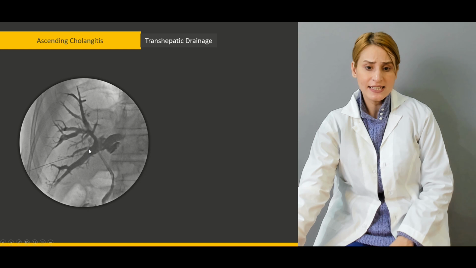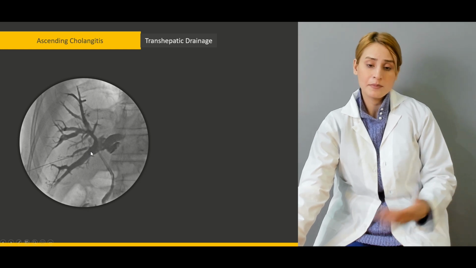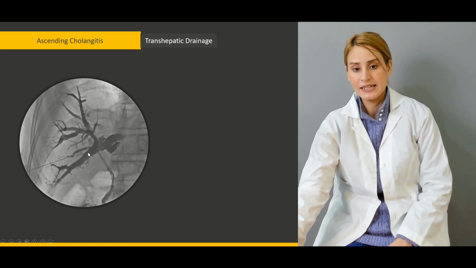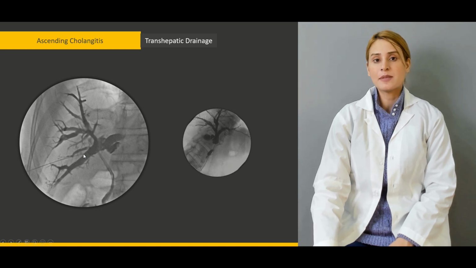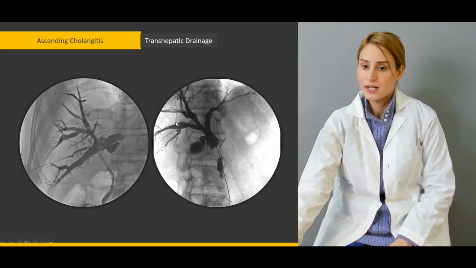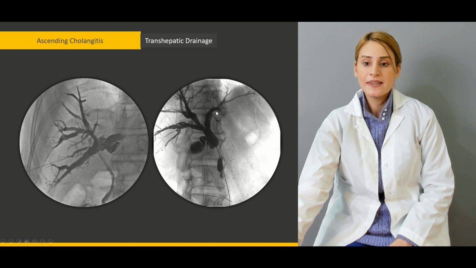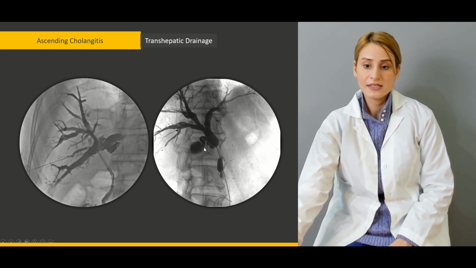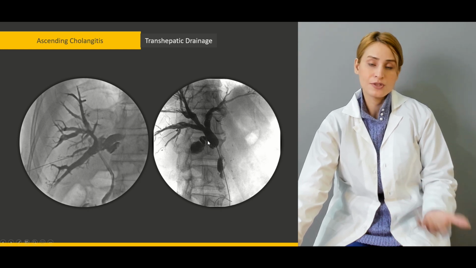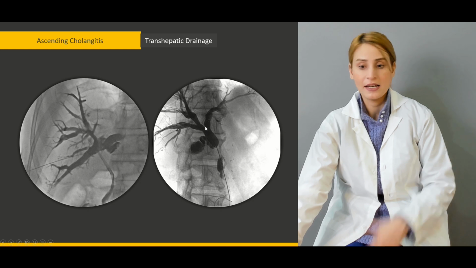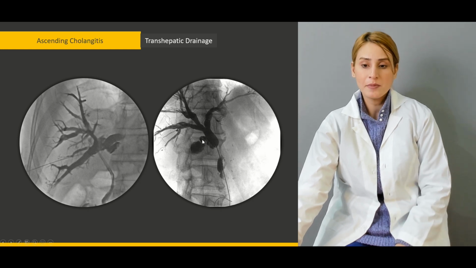If you look at the CBD, the common bile duct, it's very much dilated, so you do the transhepatic percutaneous drainage. A similar picture is shown here. This is the cystic duct and the common bile duct, and these are the other ducts coming from the hepatic part.